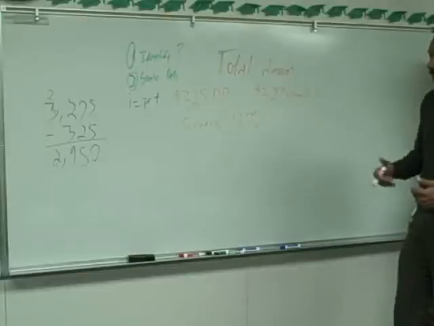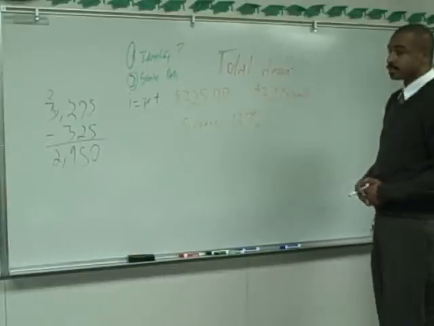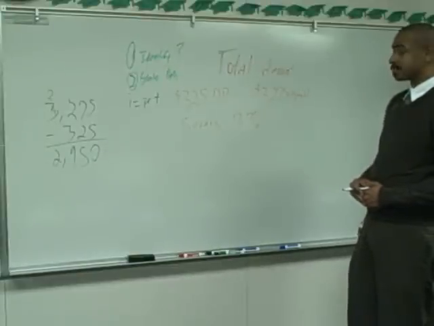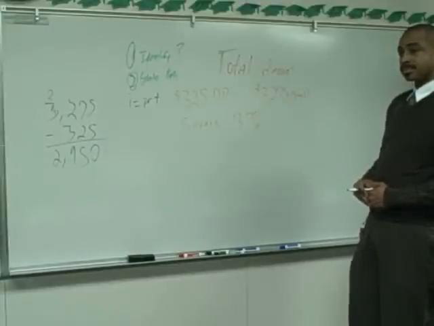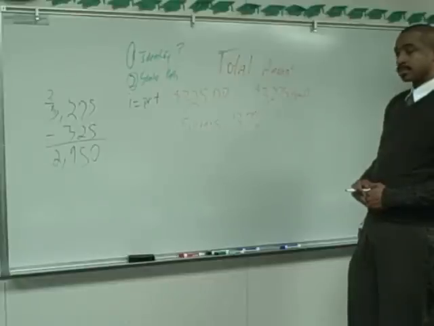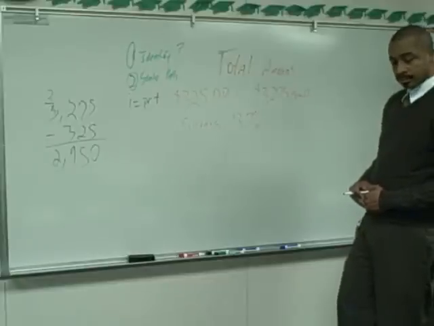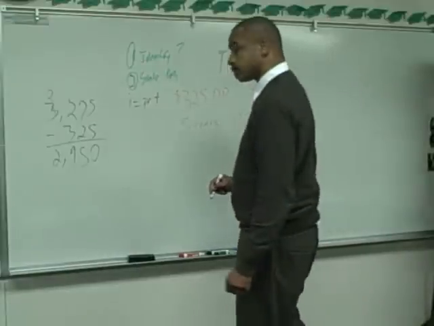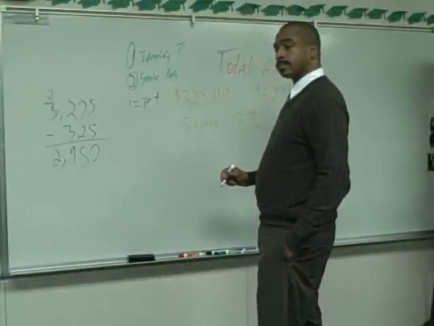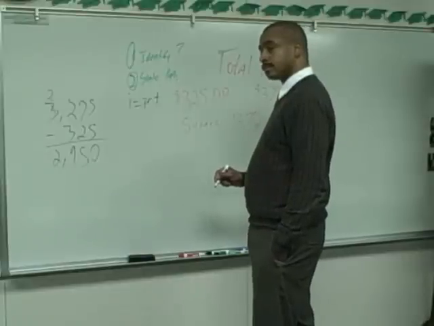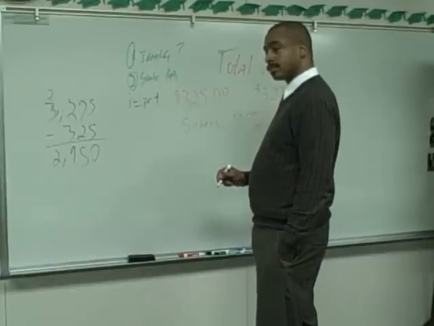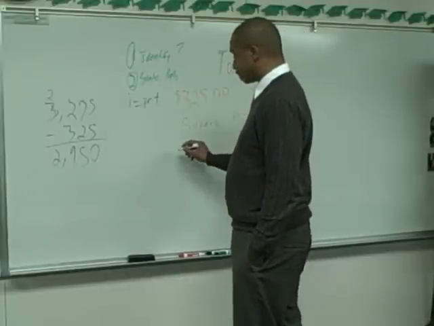Fidel, how about, what's the next step? Well, what we got, the 2,950 is, I'm assuming, our I. I think we're going to divide that by the 3,000.